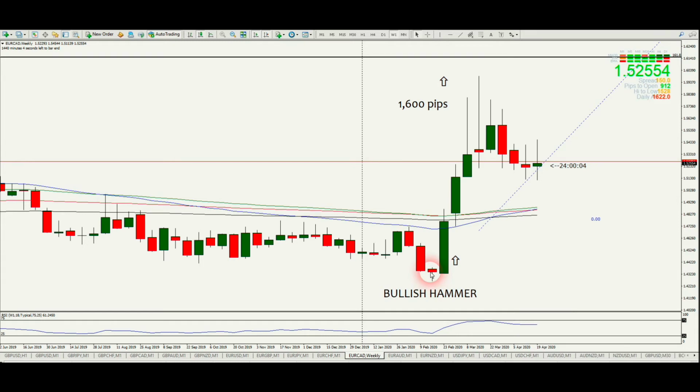They haven't pushed the price back to the top of the candle, but this candle has actually opened below the close of the previous candle. So a very strong signal to buy. Had you bought anywhere near this level here and taken it to the top, that's 1600 pips. Okay, so now let's take a look at a bearish hammer.